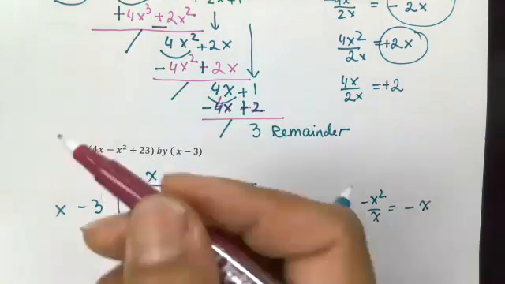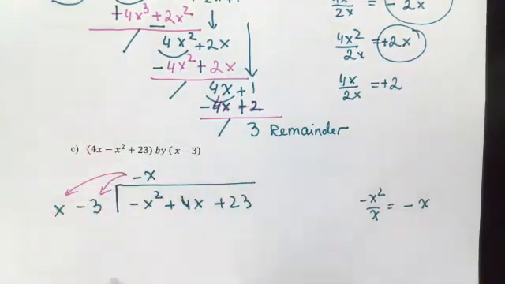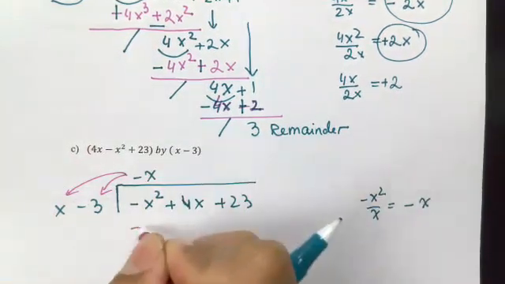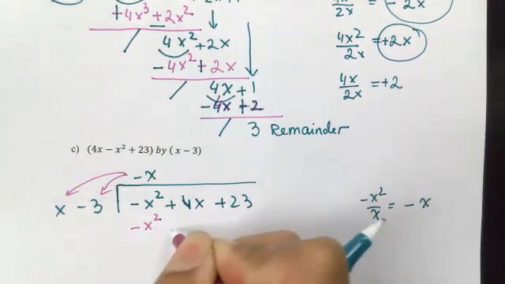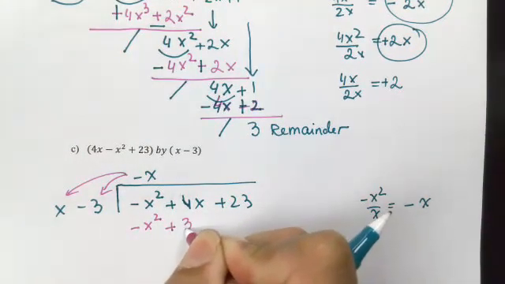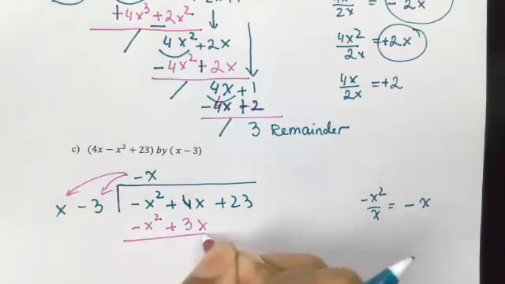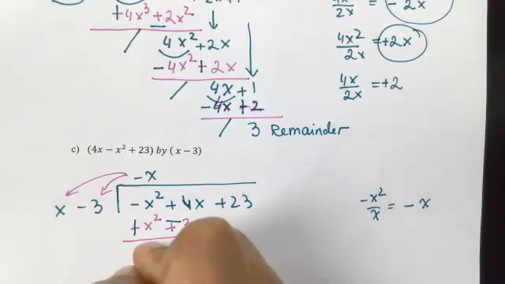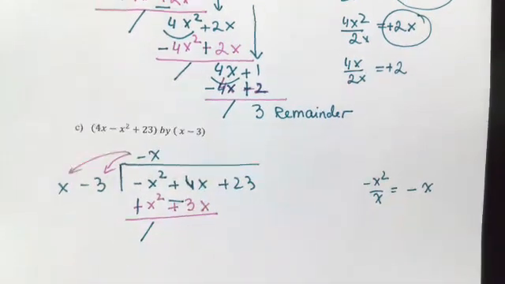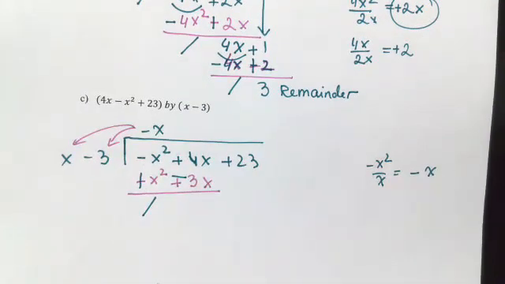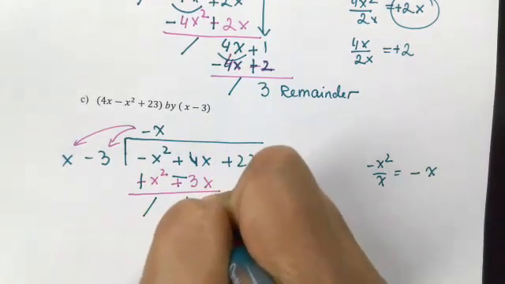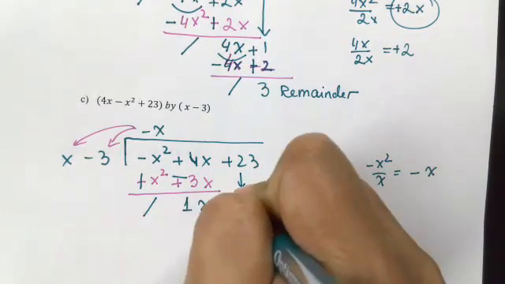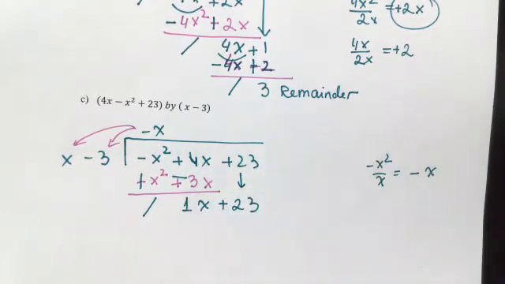Multiply through. We get negative x squared positive 3x. Change the signs because it's subtract vertically. The x squared terms is gone. 4x minus 3x, 1x. Or just x, yes.